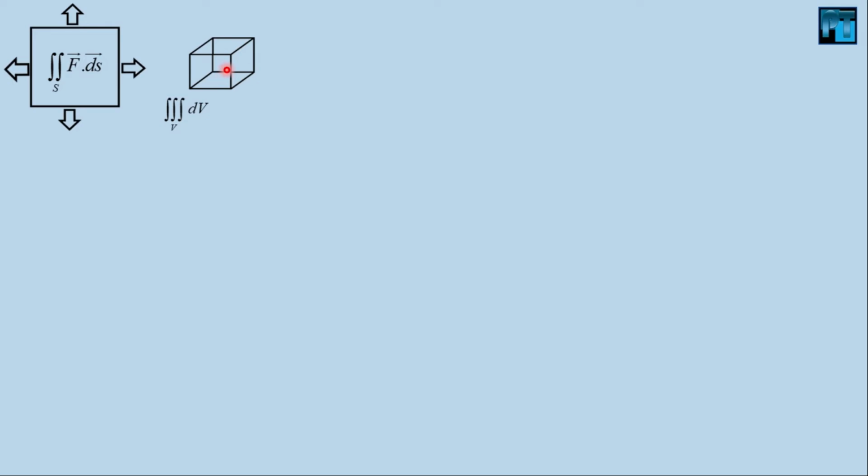And in case of closed surfaces, we have the closed surface integral. So, in case of this cube, we have two possibilities: one, volume integration; two, closed surface integration. What does it mean? It means that there is a relation between the closed surface integral and the volume integral.